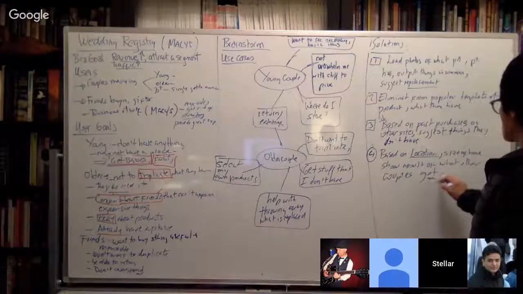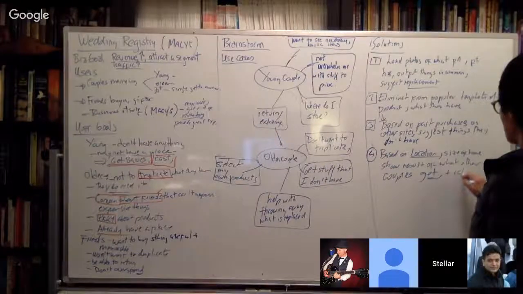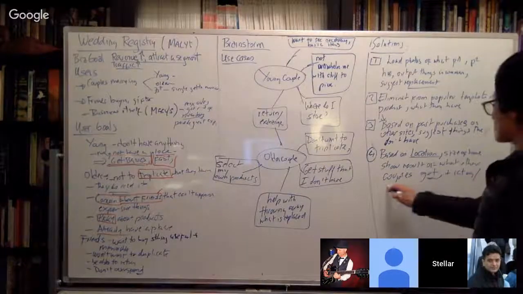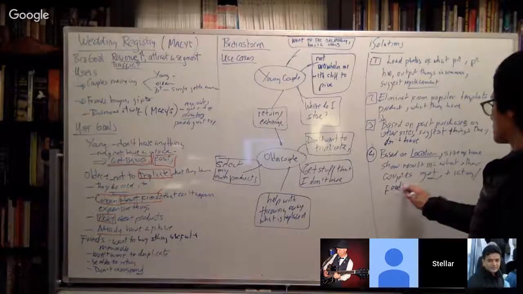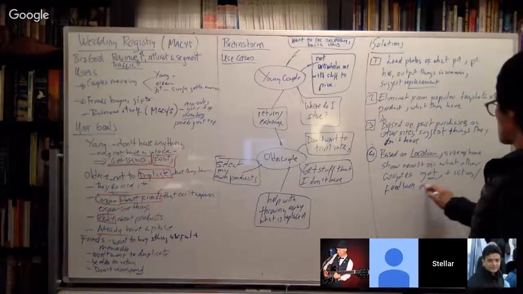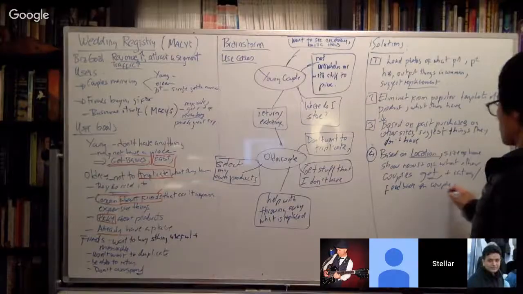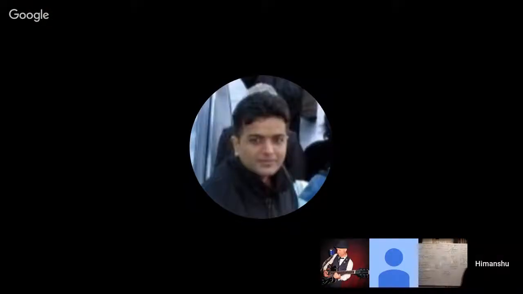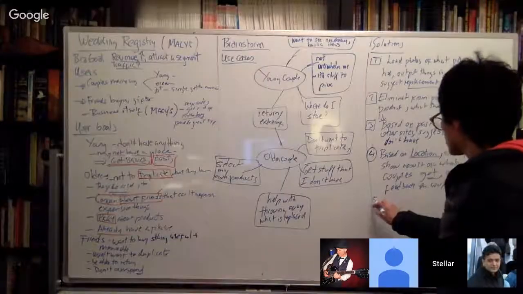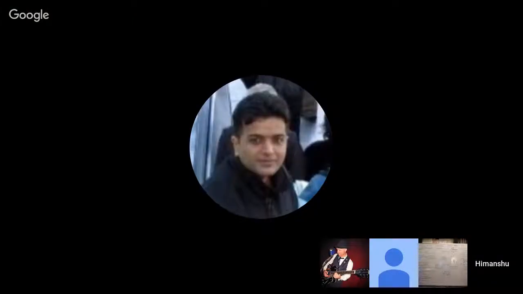And maybe with some ratings of how happy they are, or feedback from couples. One other idea I have is a crowdsourced list of stuff that your friends suggest based on your personality, and maybe they've been to your home so they know what's missing.